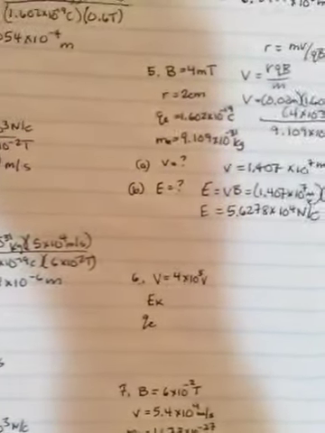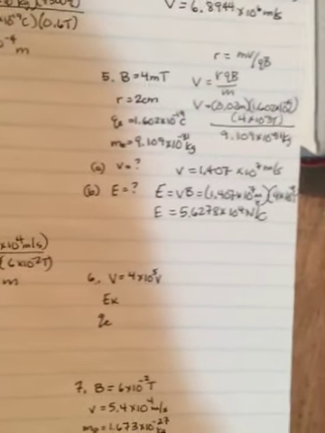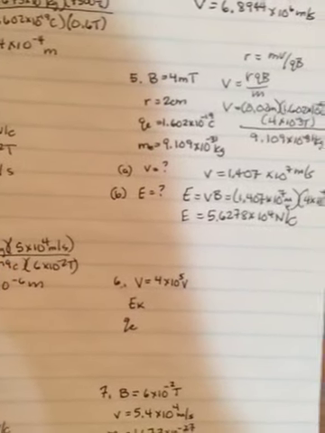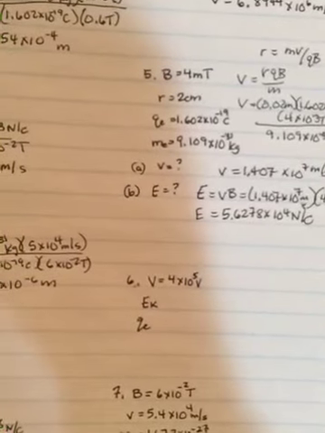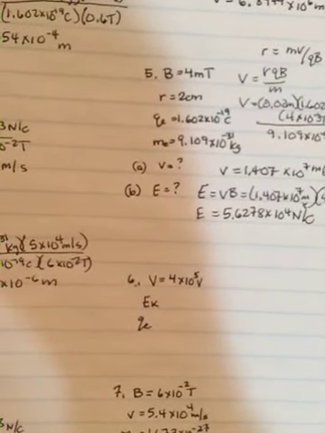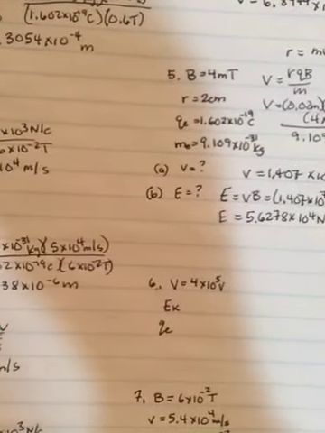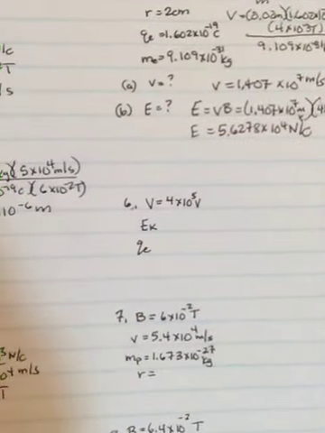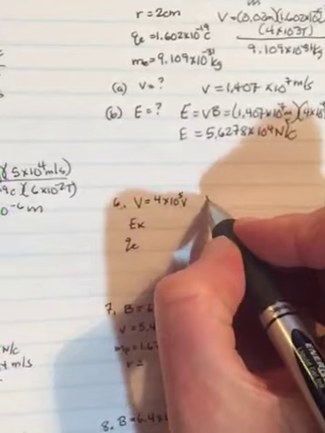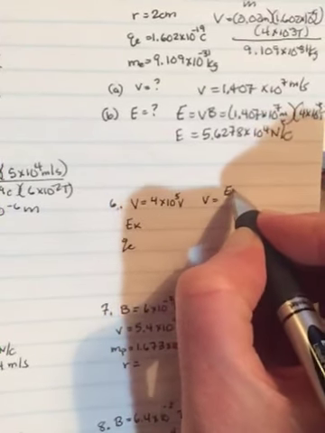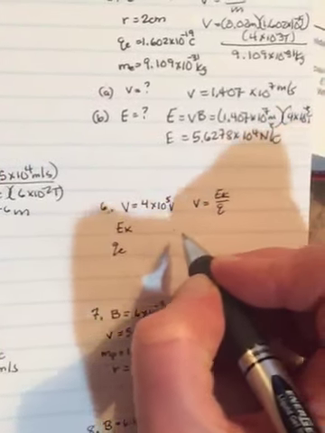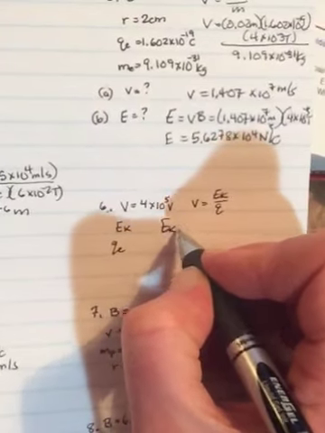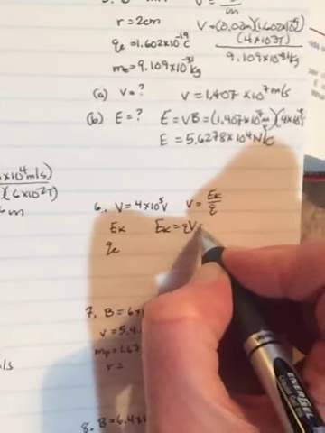Number 6 says, what energy must be given to an electron to transfer it across a potential difference of 4 times 10 to the 5th volts? Okay, so for this one, it goes back to our equation V equals EK over q. And so it's looking for energy, or EK, it's just equal to qV.